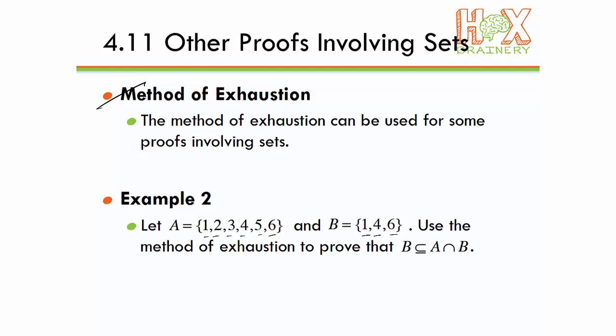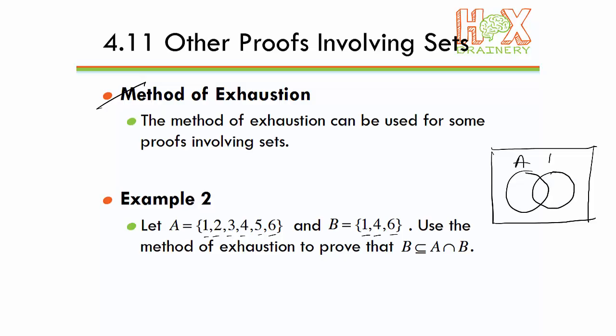Now, if you think about this like a Venn diagram, A intersection B is right here. And we're trying to prove that B is a subset of this intersection. This would mean visually, if you're thinking of this as a Venn diagram, I should have U here for universal set.